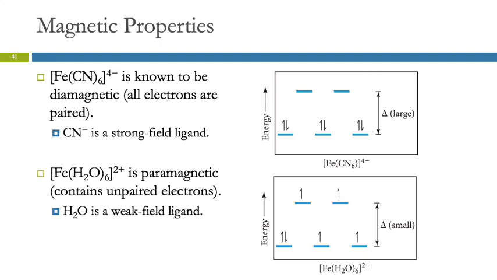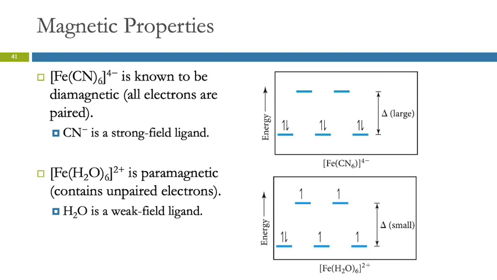So this would be hexacyano iron 2. It is known to be diamagnetic. Remember, diamagnetic means all the electrons are paired, because di means two, and it's like the animals on Noah's Ark, they went in two by two. Paramagnetic: pair sounds like a pair, but it's not that word.